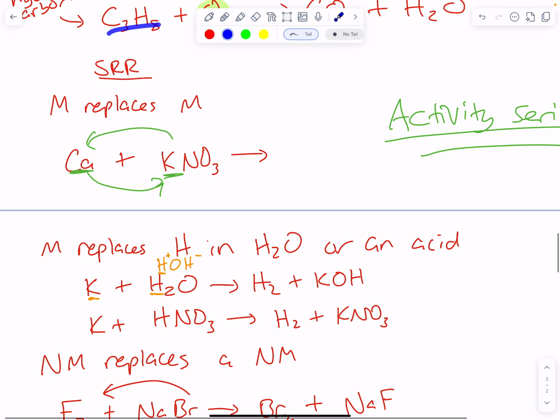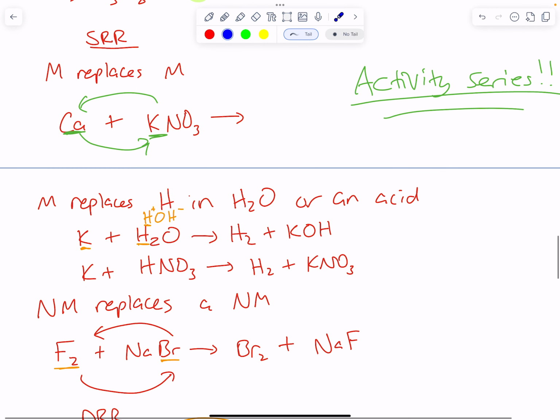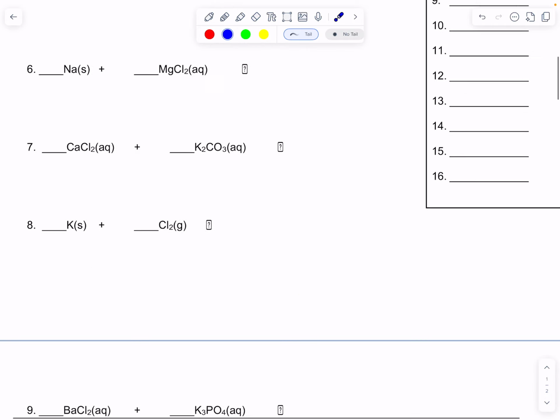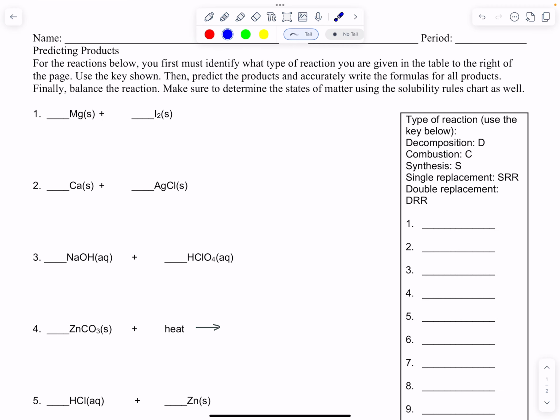No. Do single replacements have 2 full ionic compounds? No, they have 1 element in 1 compound. So last but not least, double replacement is the only one that has 2 full ionic compounds as reactants, therefore making number 3 a double replacement reaction. So in here, number 3, I'll put DRR for double replacement.